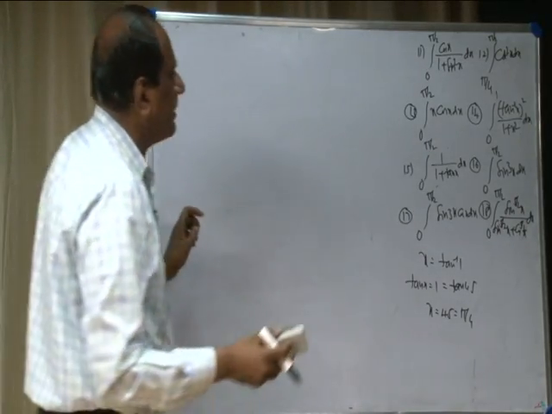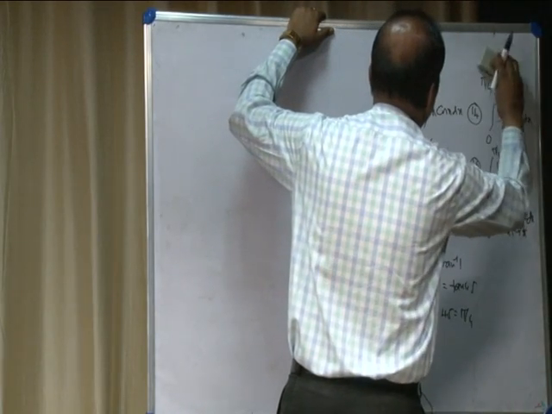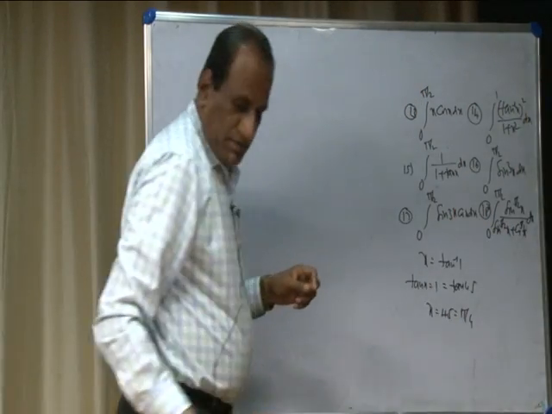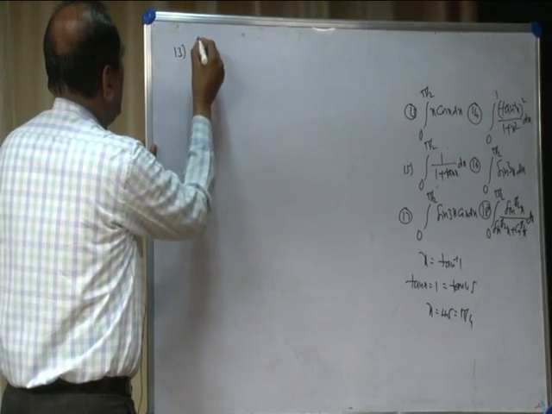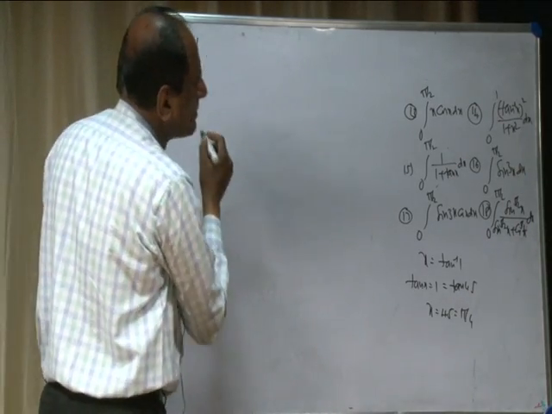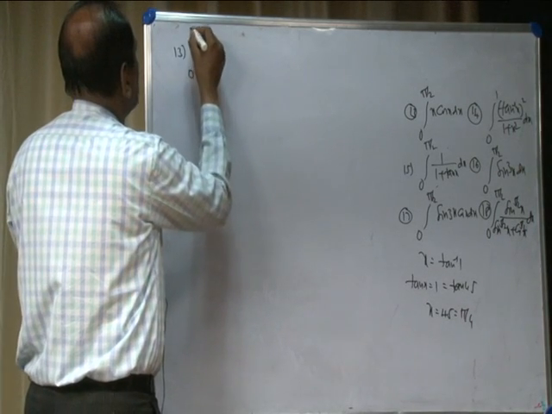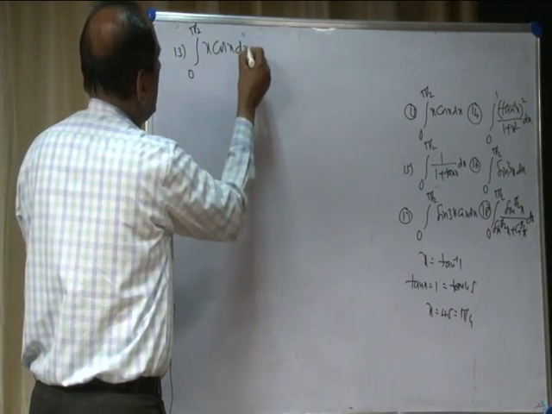Now, problem number 13, 11 and 12 over. Problem number 13. See here, integration between the limits 0 to pi by 2 of x cos x dx.